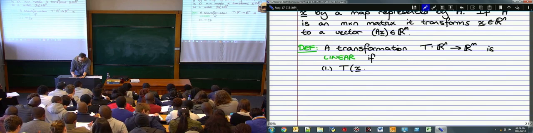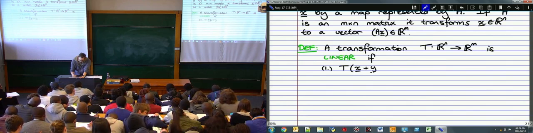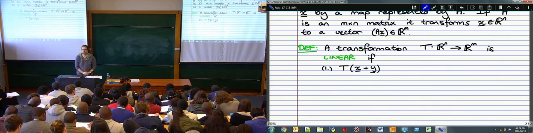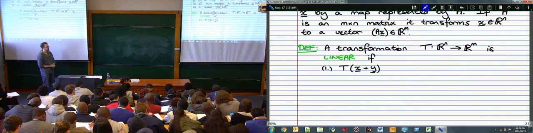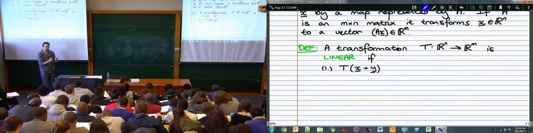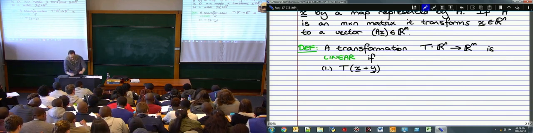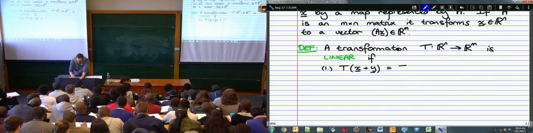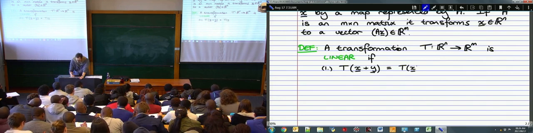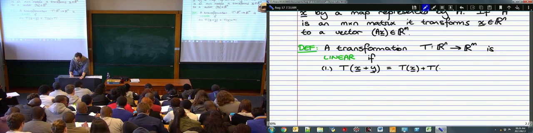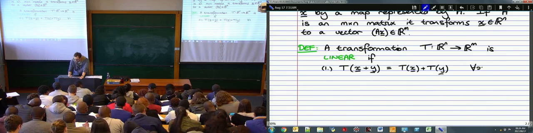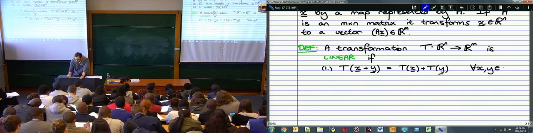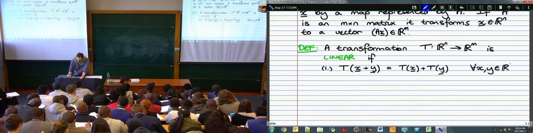if you take the transformation of the sum of 2 vectors, right? So we take these 2 vectors x and y that belong in our domain, they belong in Rn, you add them together, and then you transform them. That's the same as if you were to transform each vector separately and then add them together. And this is for every x and y in Rn.